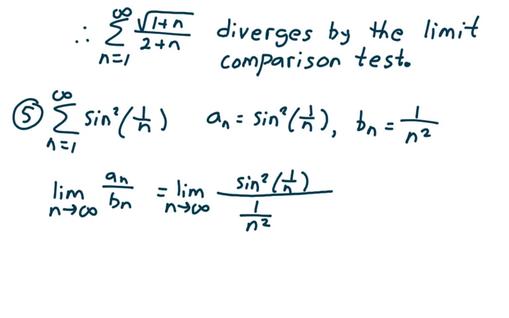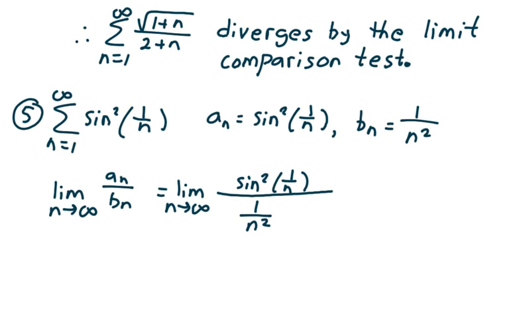That one diverges. But now for this one, we have the summation from n equal 1 to infinity of sine squared of 1 over n. Okay, now I'm going to let a sub n be sine squared of 1 over n. My b sub n is going to be 1 over n squared.